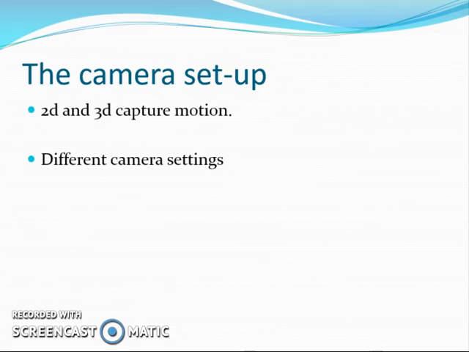So with the camera, we had to set it up in different ways, and there are other ways we could have done it. So there are 2D and 3D ways of capturing video. The 2D way is very limited in the way it can video, but it is very useful for measuring angles and finding the angle in the joints of when the performer was jumping.